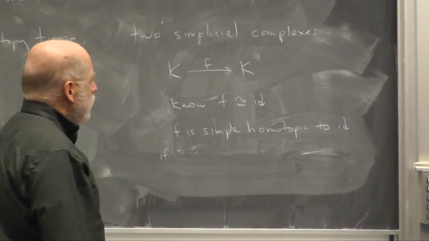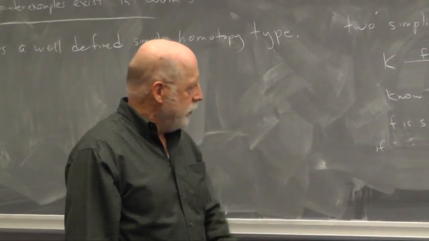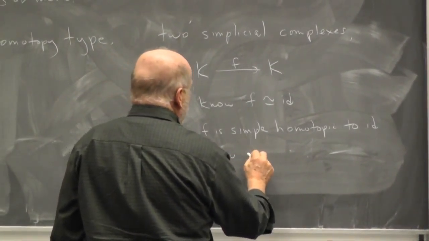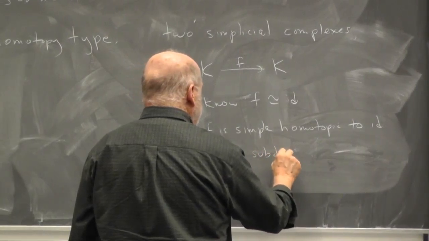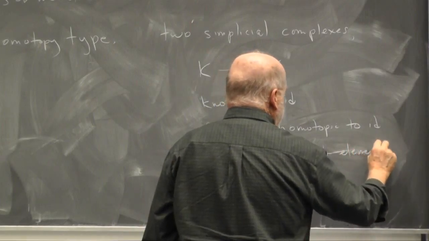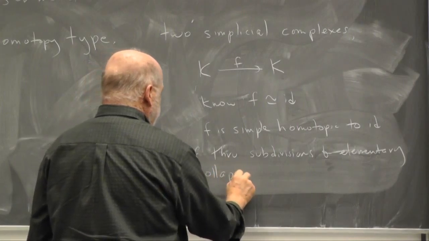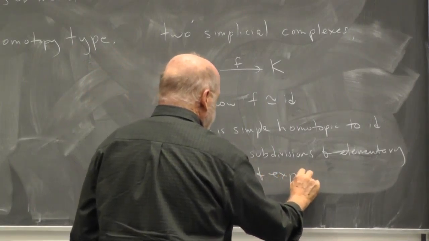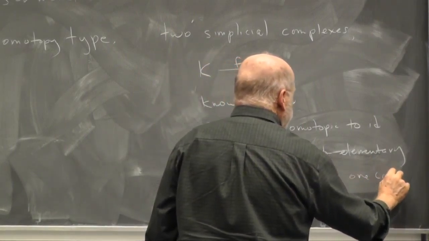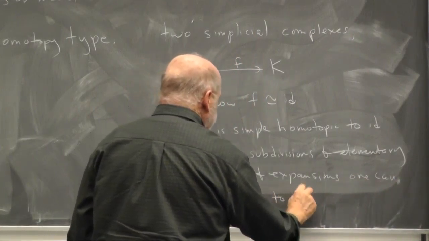So how do you do it? Well, the idea is you have elementary expansions and collapses and subdivisions. If, through subdivisions and elementary collapses and expansions, one can move F to the identity.